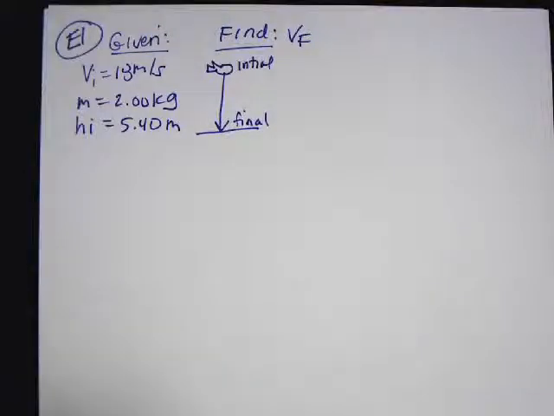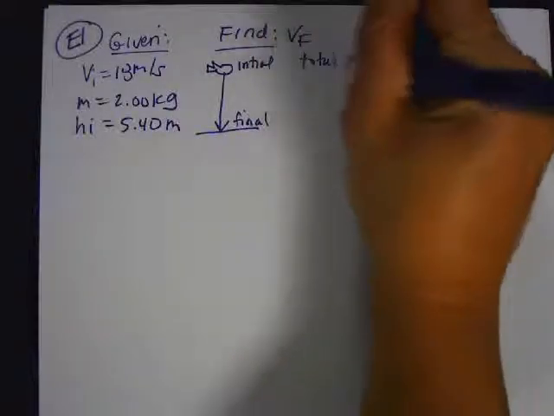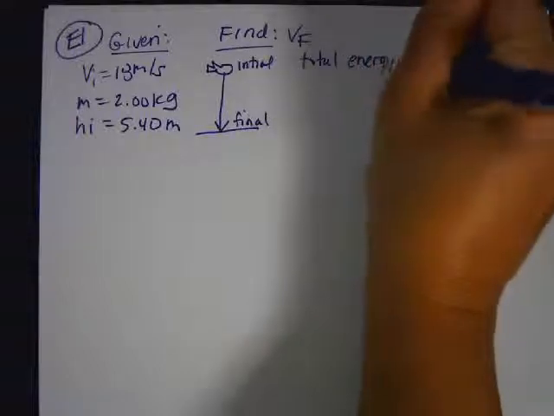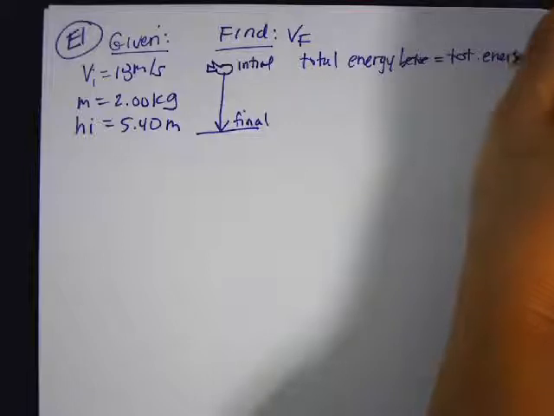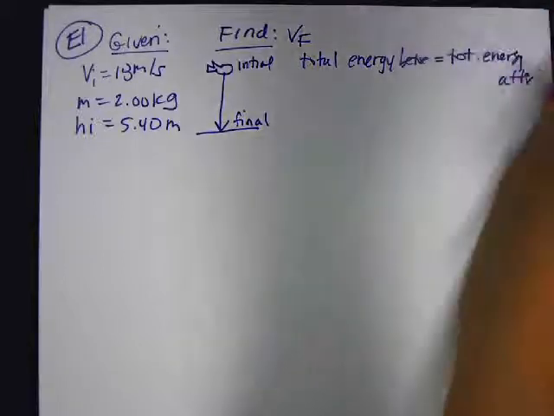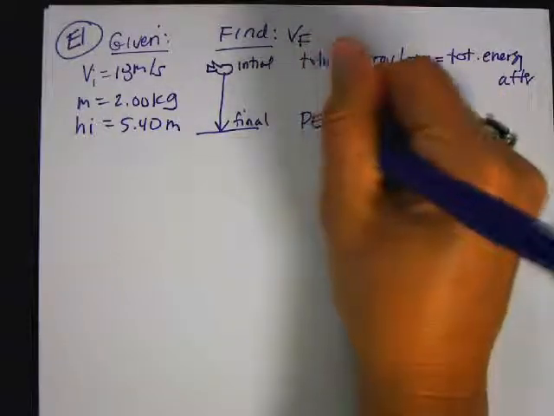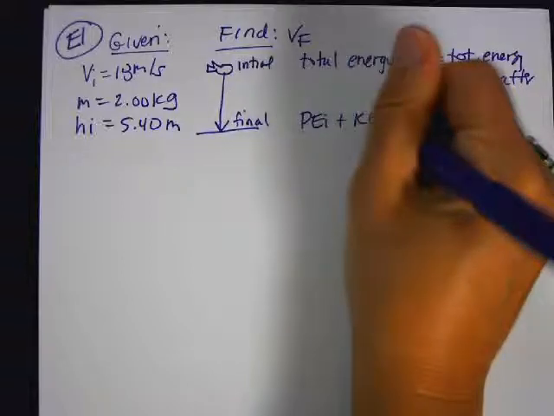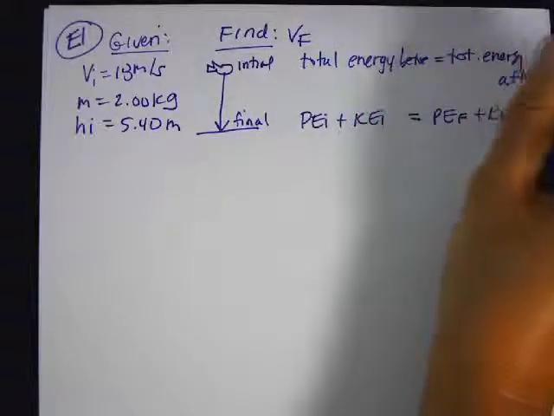When you're first practicing, think about conservation of energy in layman's terms: the total energy before is equal to the total energy after. The total mechanical energy is the sum of the potential and kinetic. So PEi plus KEi is equal to PEf plus KEf.